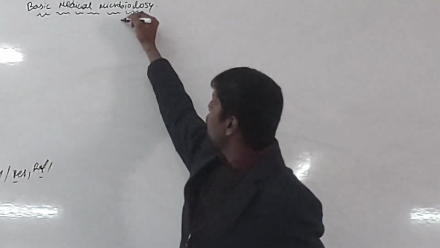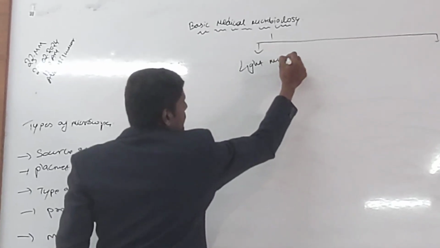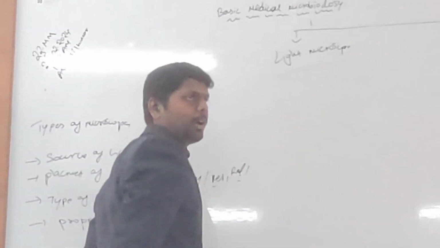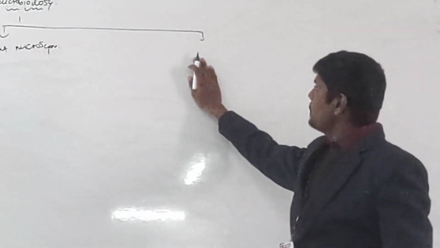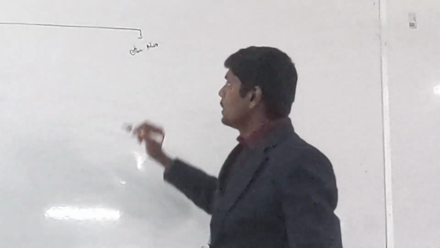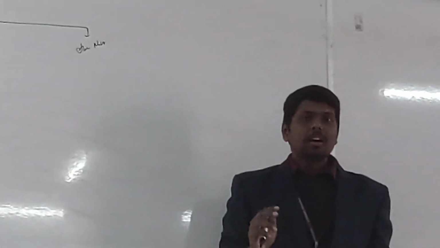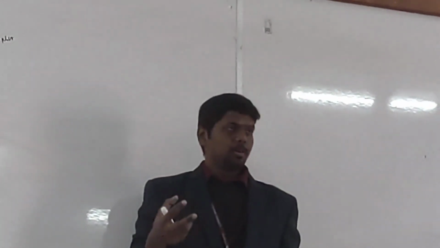So first I will start with two types of microscopes: light microscope and other microscopes. I can simply say other microscopes. That means other than light, what thing we are using to measure the specimens.